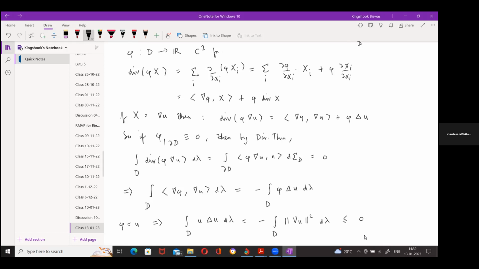This is if u vanishes on the boundary. So here, u restricted to the boundary of D is 0.